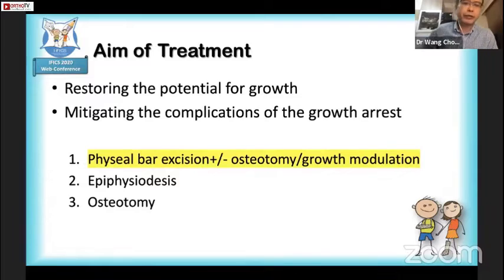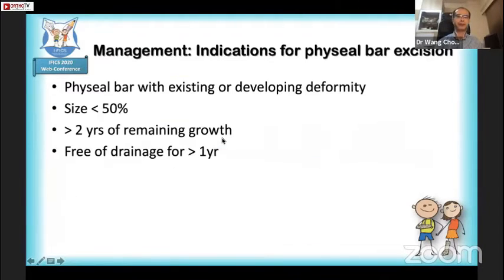The aim of treatment is to restore the potential for growth and to mitigate the deformity resulting from the growth arrest. The surgical options include physeal bar excision plus other additional procedures to correct the deformity. The other surgical options include epiphysiodesis and osteotomy. In the interest of time, I'll focus on the physeal bar excision.